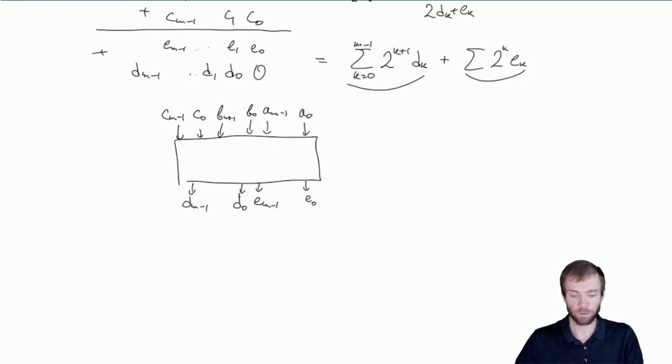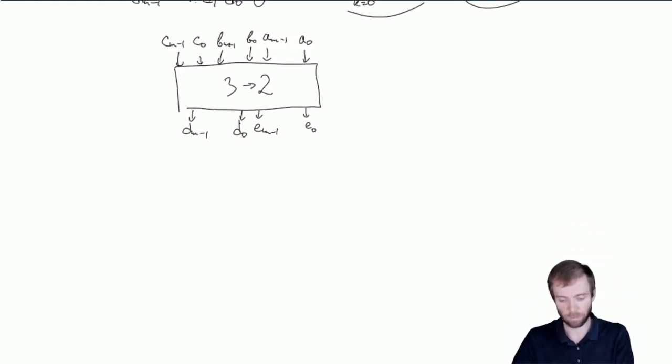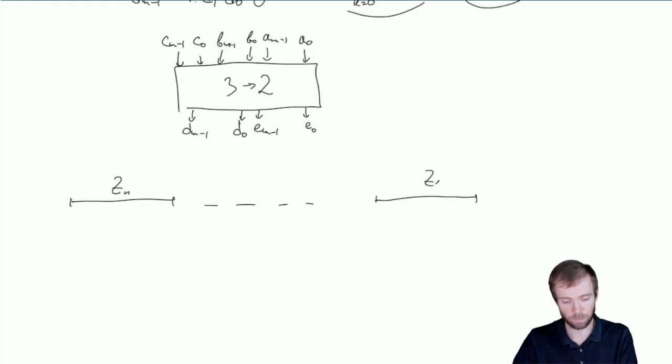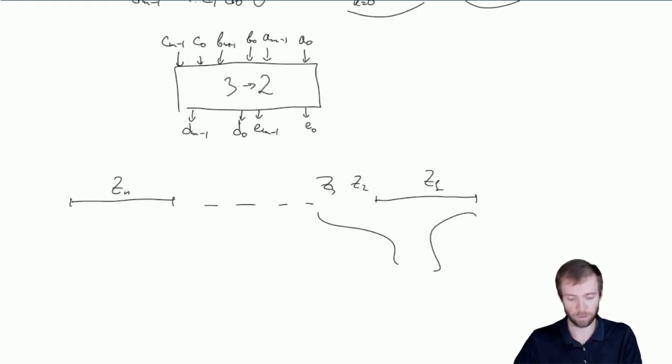And so these kind of circuits, which we can call 3 to 2, we now employ this circuit to combine our numbers Zn up to Z1. So we now use a layer of these circuits to combine Z1, Z2, and Z3 together into 2 numbers.